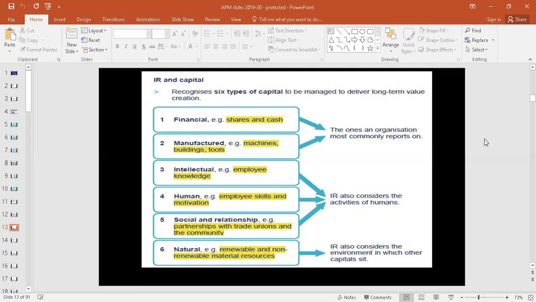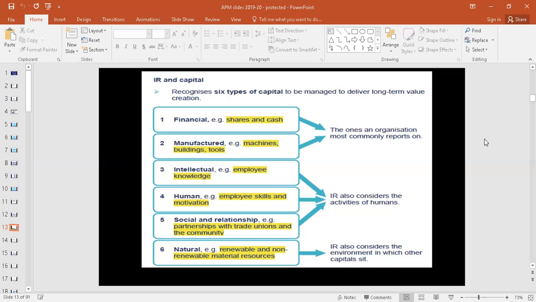Then finally the natural capital, which is any kind of resources which they are using, renewable and non-renewable. All types of those resources, because that's connected with sustainability plans. Whether they are making any efforts to minimize the consumption of non-renewable resources can be highlighted there.